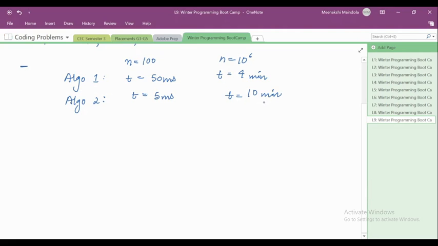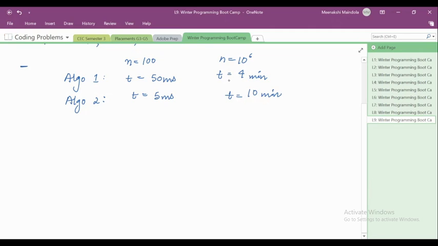So we basically compare two different algorithms with respect to their time complexity. We say that any algorithm which is going to take less time with respect to the input that you have, so we have a very large input.